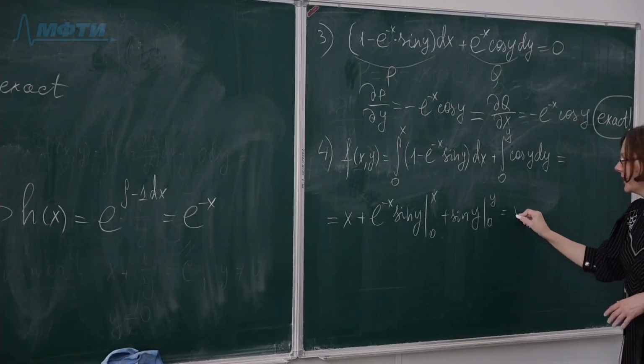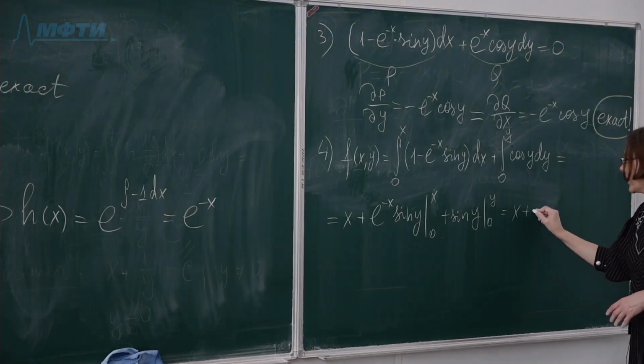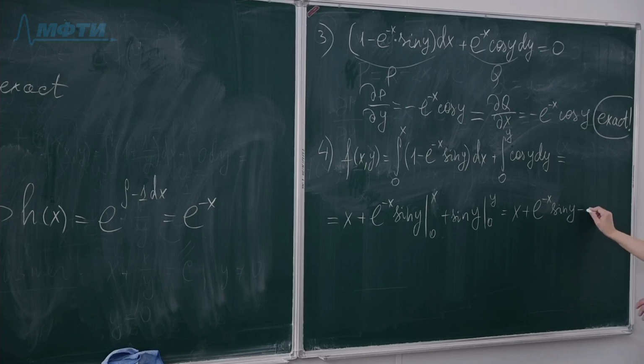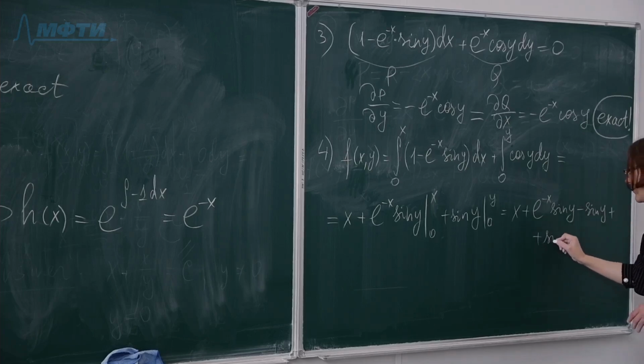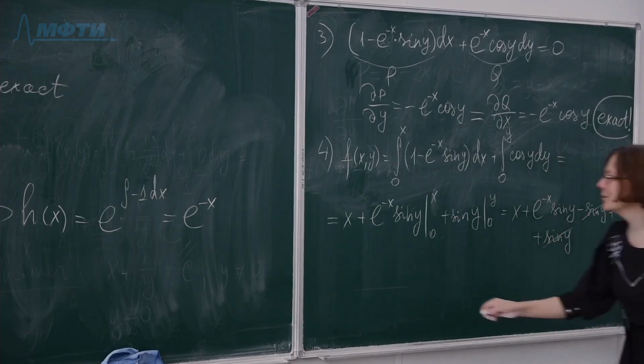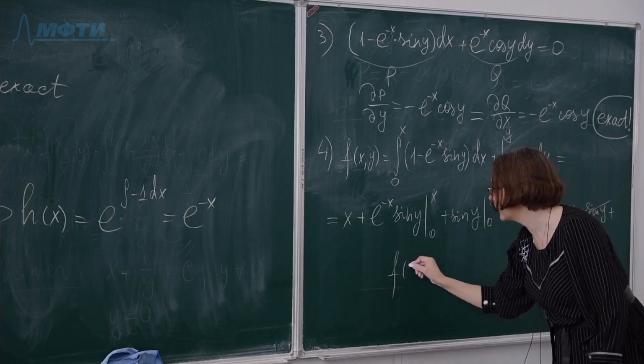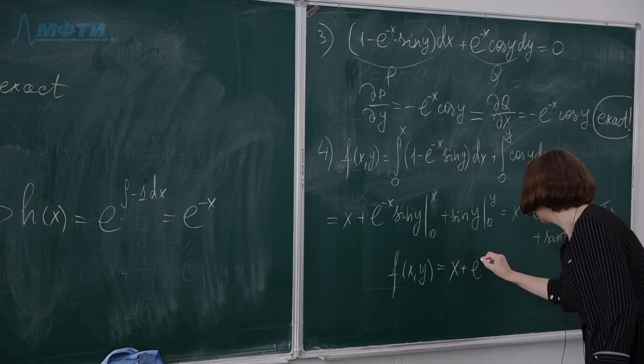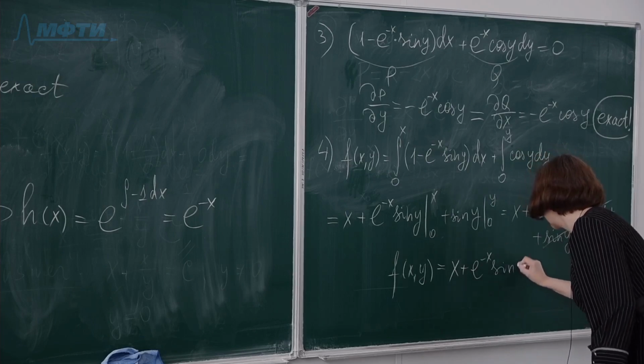And this will give us x plus e to negative x sine y minus sine y and plus sine y. Okay, they are eliminated, and so the answer is f of x y is x plus e to negative x sine y.